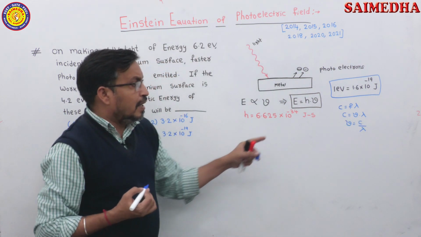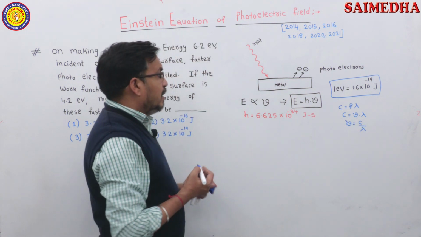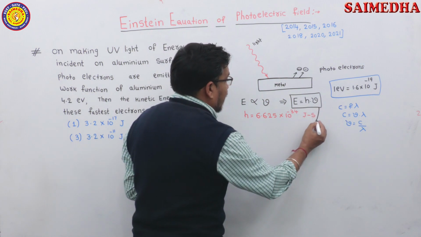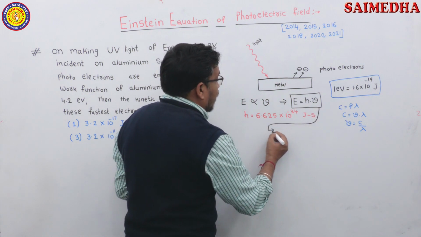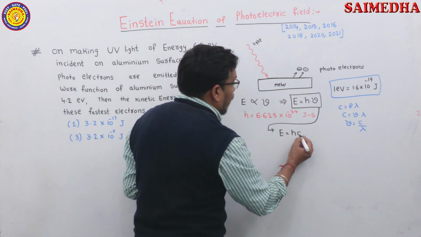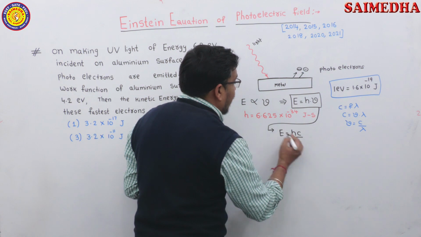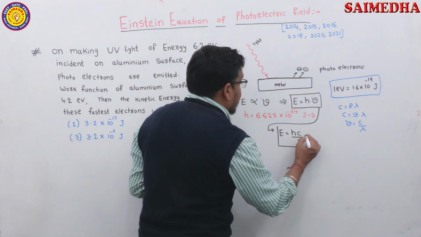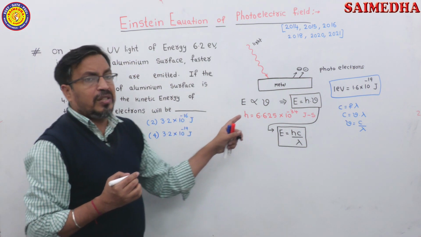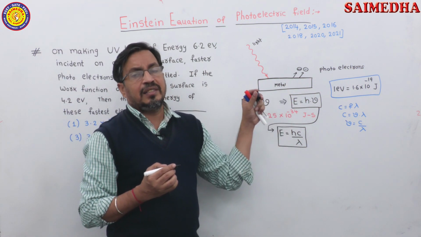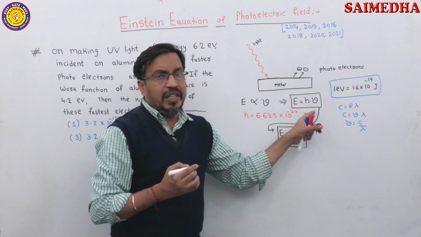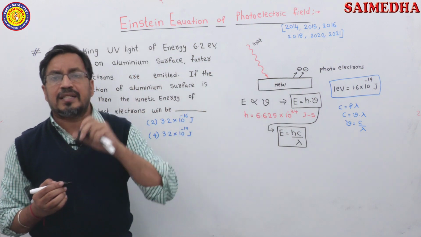Then our equation E equals h into v becomes E equals h into c by lambda. See here students, first the energy of incident light is directly proportional to the frequency of light, v. Then E equals h into v, where h is Planck's constant.